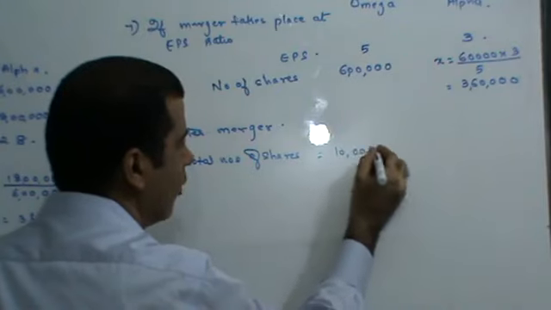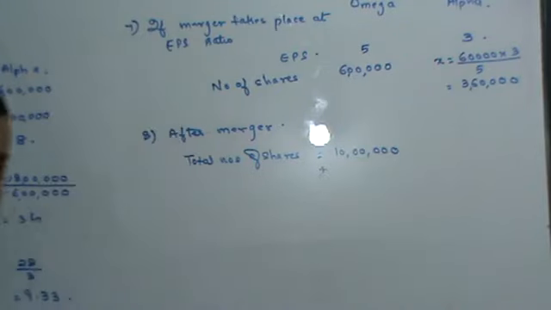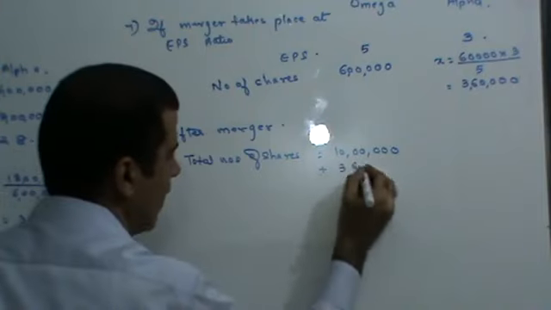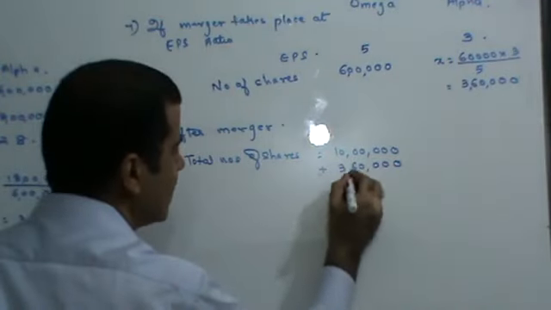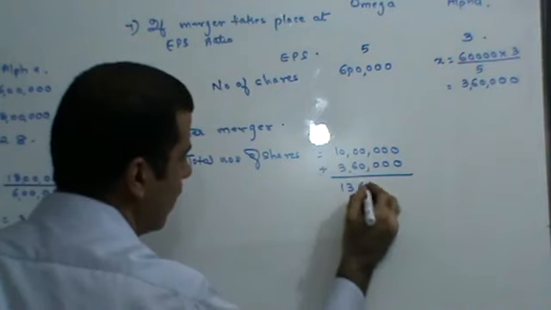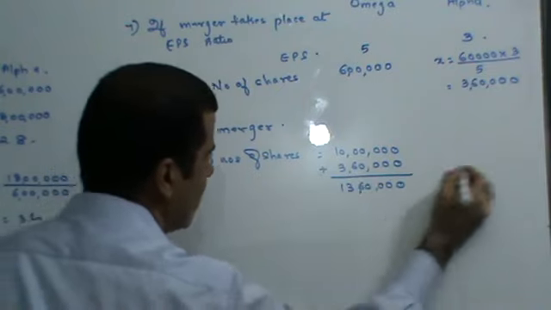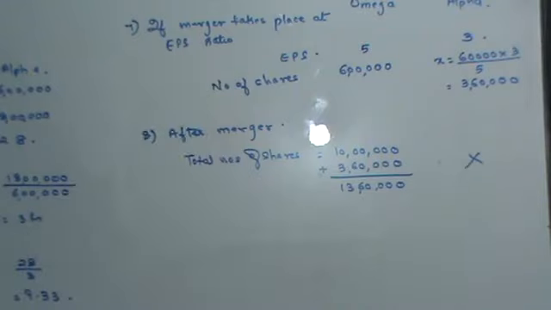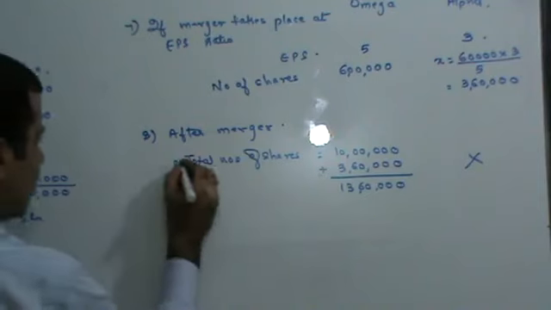It has now issued 3,60,000 shares to buy Alpha Limited. So the total number of shares is 13,60,000. That will be the total number of shares post merger. Alpha Limited does not exist.